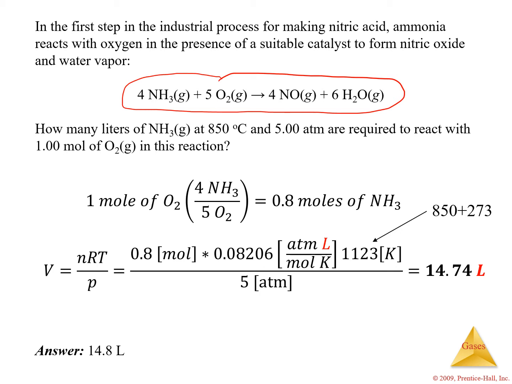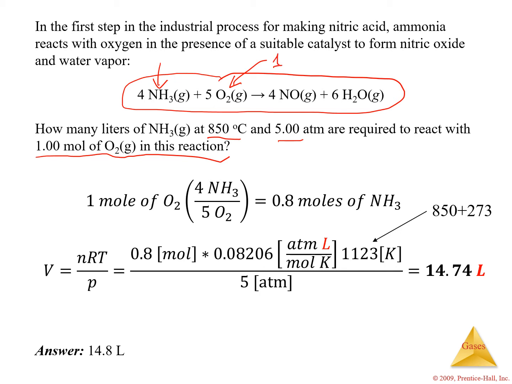And the question is, how many liters of ammonia, so this is that gas, at specific temperature and pressure are required to react with 1 mole of oxygen in this reaction. The given information is about the other reactant.